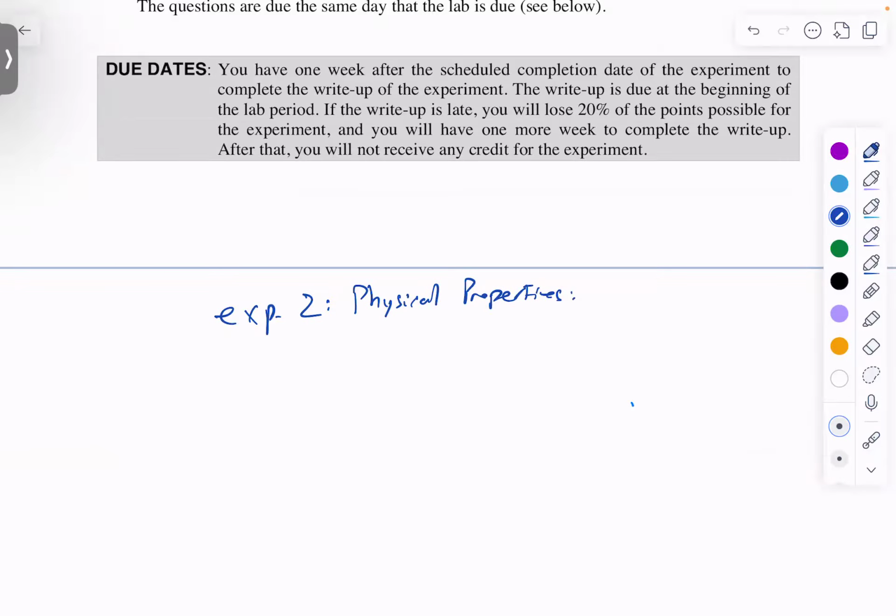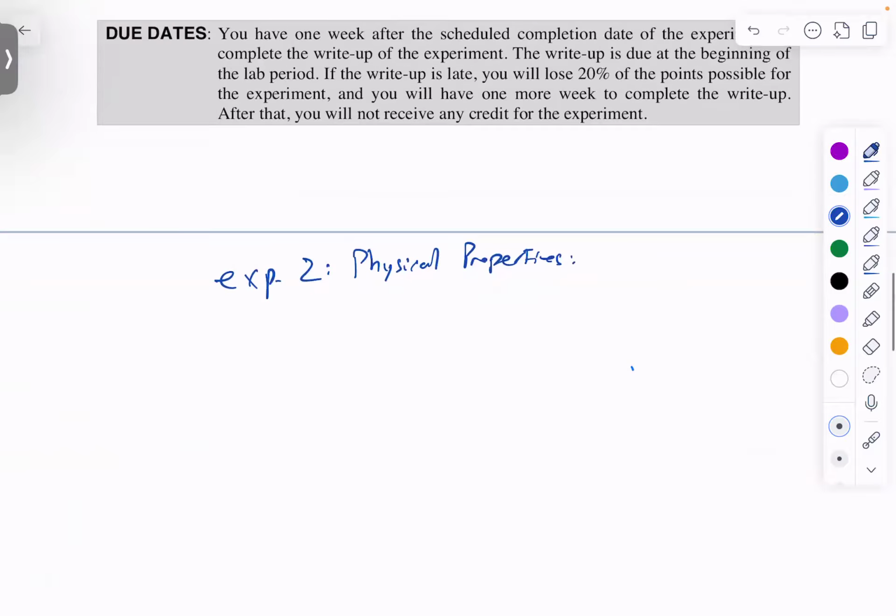So in the purpose statement, you would want to focus on that. You would want to state what physical properties you're measuring. For this experiment, it is going to be the melting point, the boiling point, and the refractive index. So you'd want to mention that.